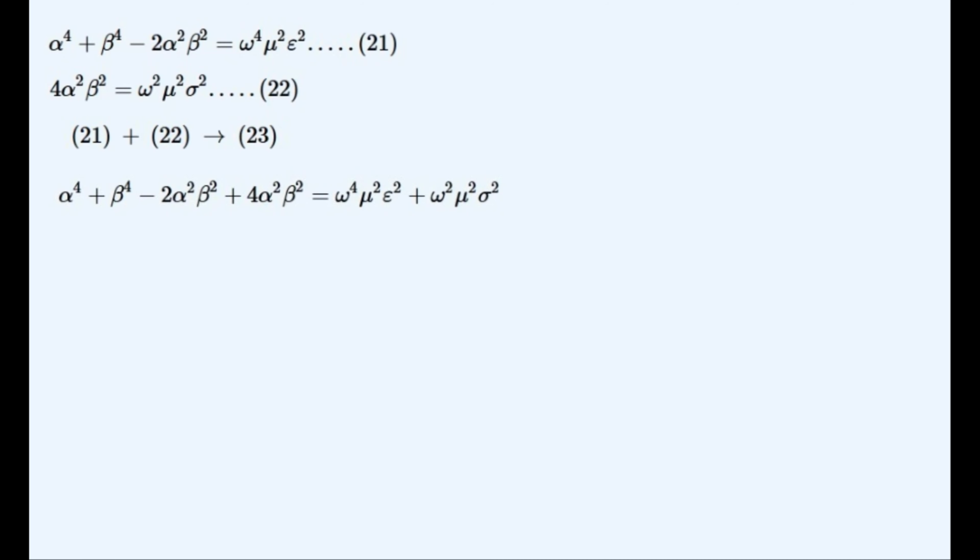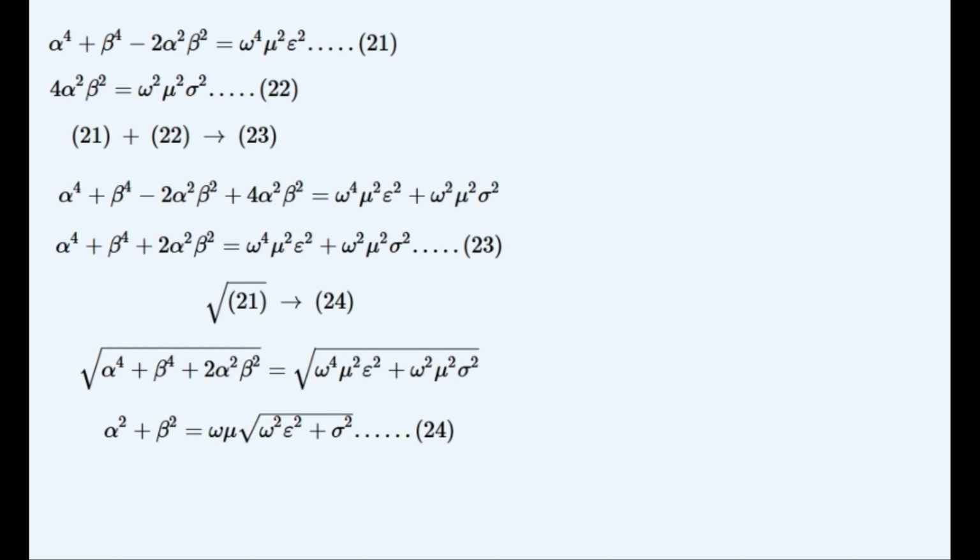Adding these two equations together and simplifying them gives us this equation. And square rooting both sides gives us alpha squared plus beta squared. If we add these two expressions like this, we can get alpha squared. And we can get alpha by square rooting it.